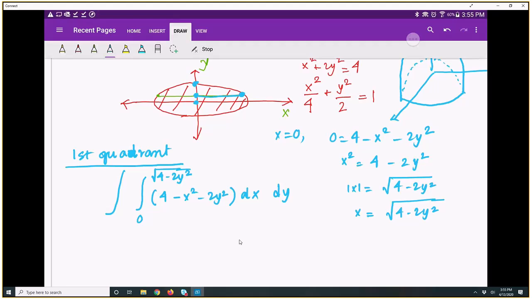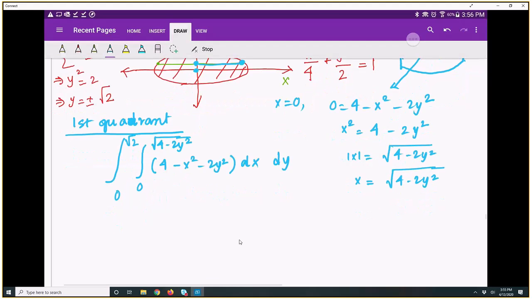So if you do so, you are going to find out y squared over 2 is equal to 1, which means y squared is equal to 2, which means y is equal to plus or minus square root of 2. Again, you are in the first quadrant, so your y value is going to be positive square root of 2. So the limits of y are 0 to square root of 2.